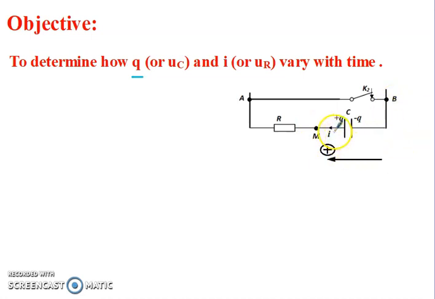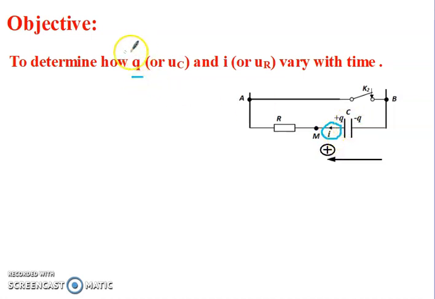The electric current always passes from higher potential to lower potential. So this is the sense of current. Notice also that I have chosen the positive sense in the same sense of the electric current.